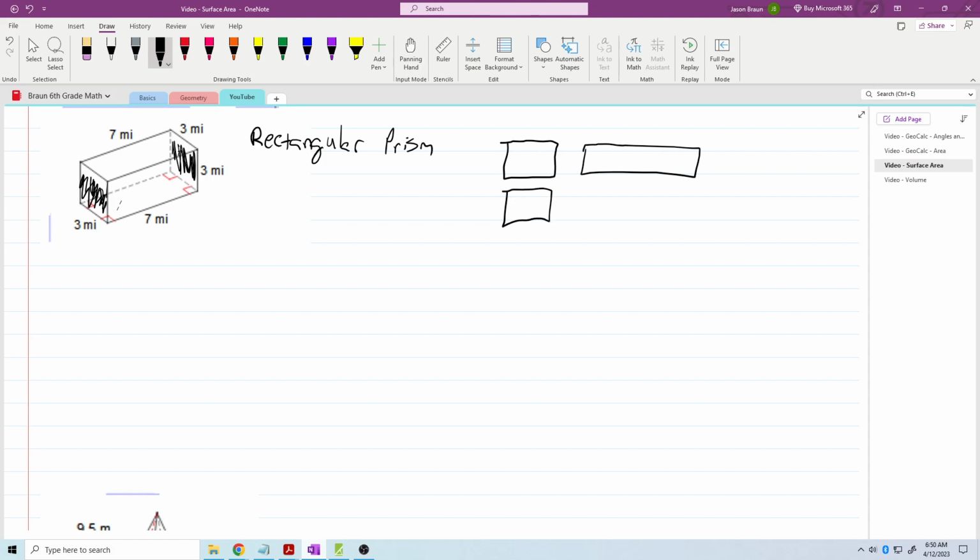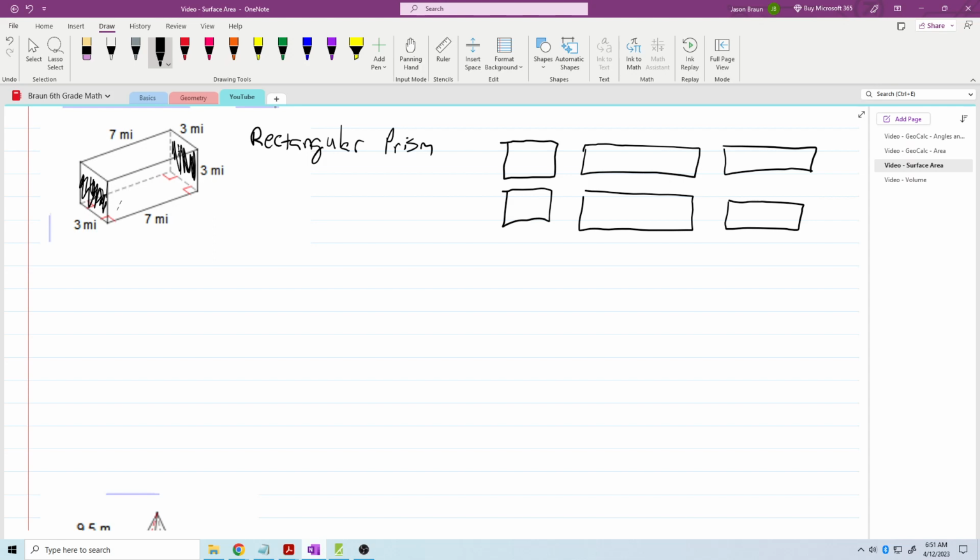I'm not the best artist, but I like to at least draw out the shapes I know I'm working with because it helps you keep better accountability. There's two squares, four rectangles.